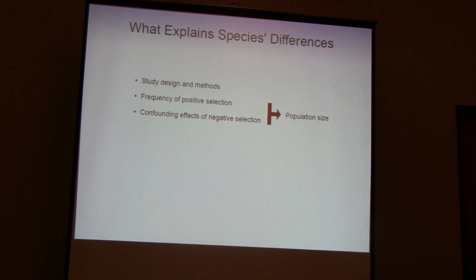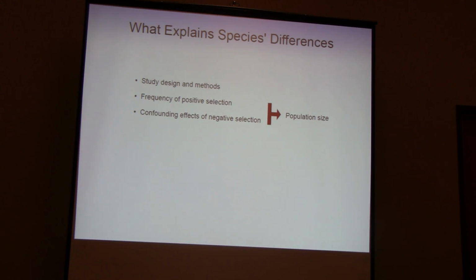So one thing that we know can be important is the population size, or the effective population size of a species. The reason is that species with large population size are going to more effectively fix adaptive substitutions, and at the same time, they're going to more effectively remove deleterious mutations.